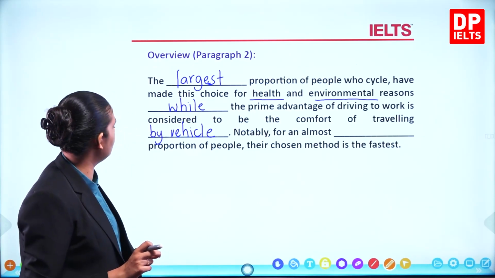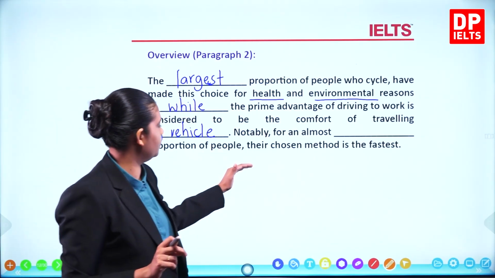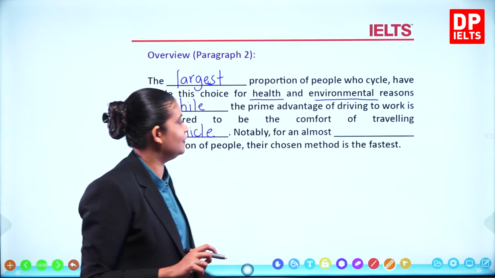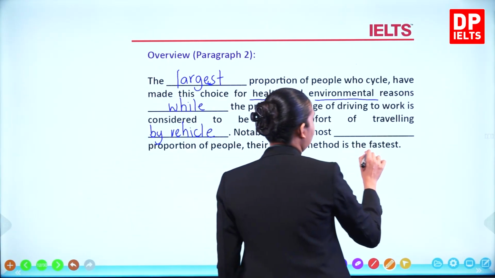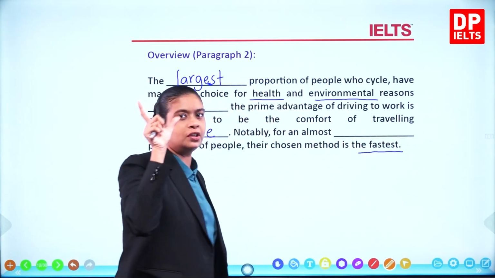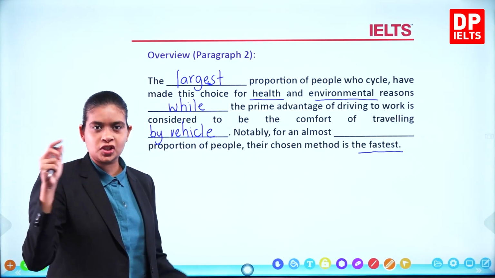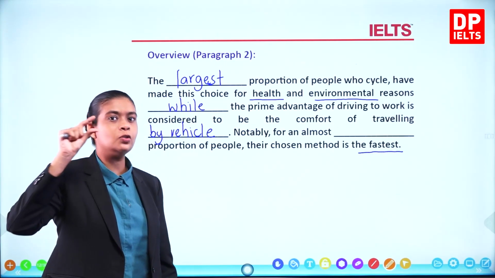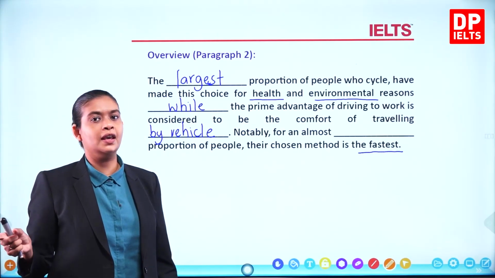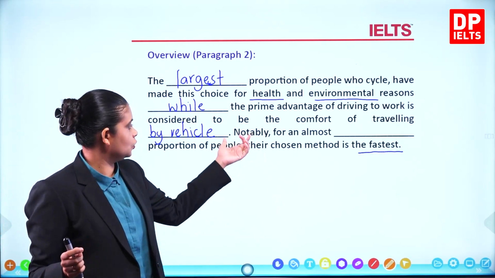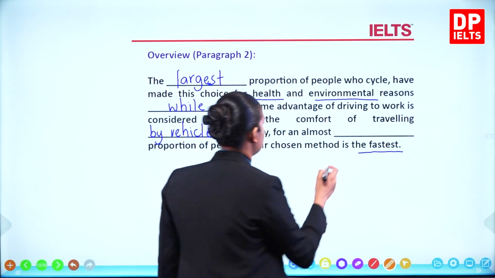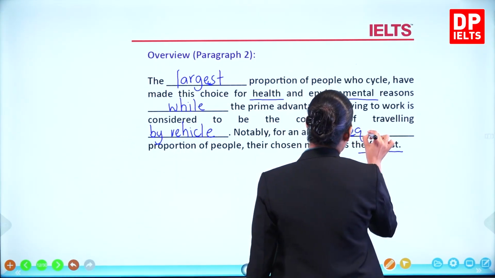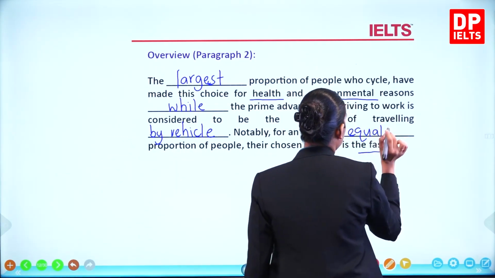Notably, for an almost blank proportion of people, their chosen method is fastest. Now, what have we done? We have put our obvious or main features into one sentence without writing any specific figures, right? So, notably, for almost an equal. I'm not telling how much.